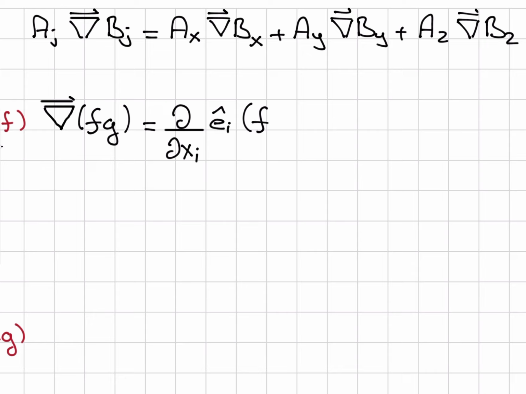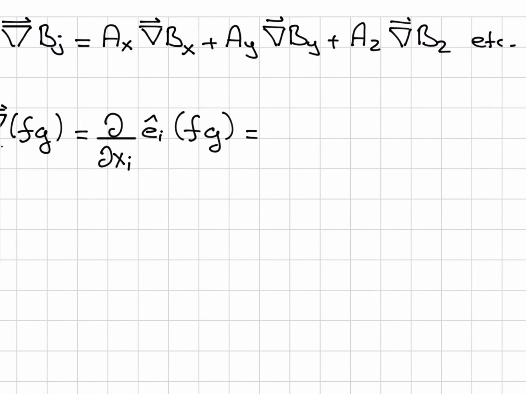This will be applied to the product fg, and that means we can apply the derivative to one of the functions first and then leave the second alone, and then apply to the second one and leave the first one alone.